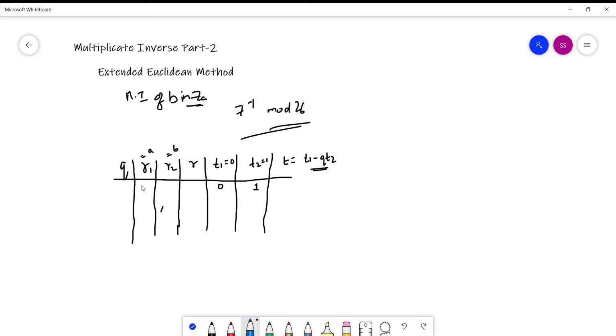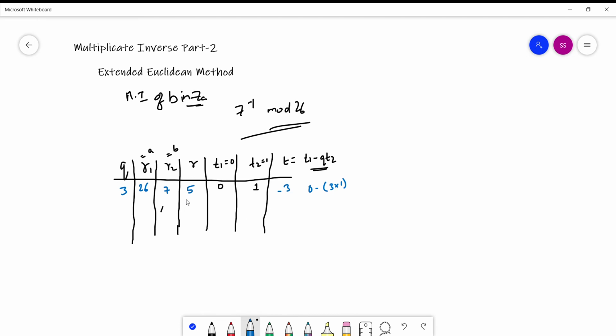R1 is equal to A, which is 26, and R2 is equal to B, which is 7. If you divide 26 by 7, the quotient is 3 and the remainder is 5. Now we have to find T. T is T1 minus Q times T2, so this is 0 minus 3 times 1, which is equal to minus 3.